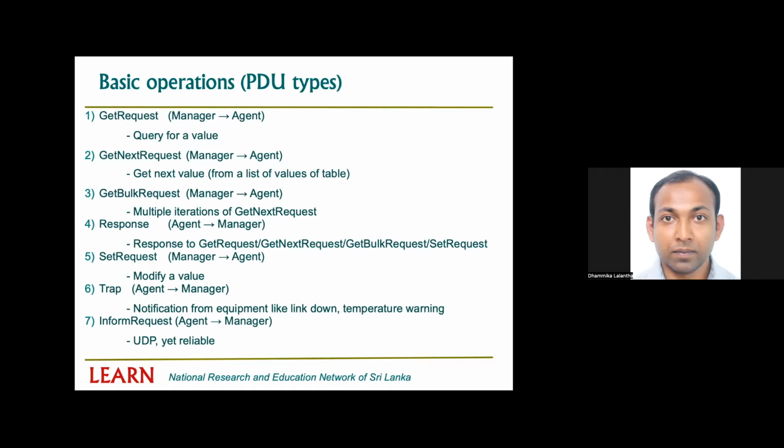If we ask for interface packet counters from a router, there are a few interfaces, right? So if we request, it will respond with a table or list.